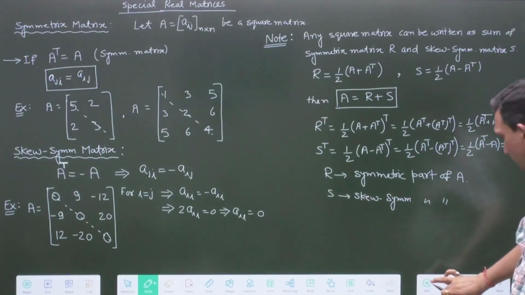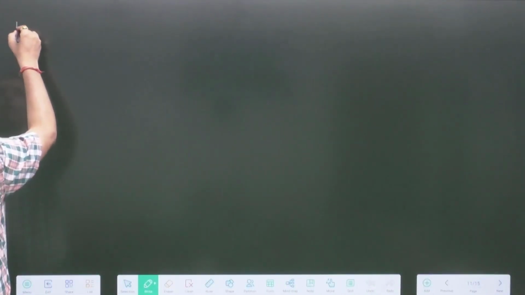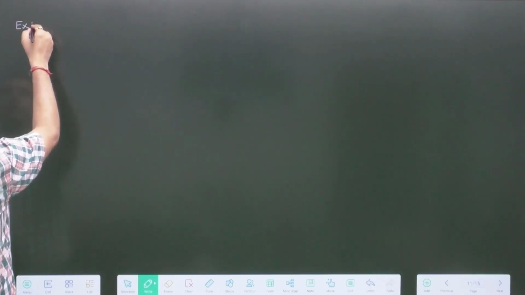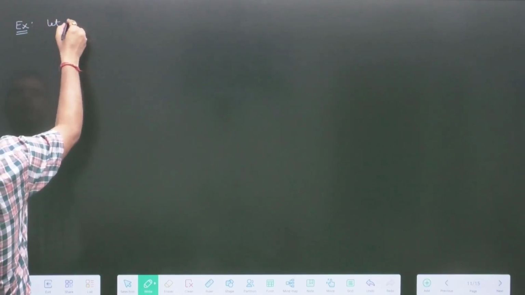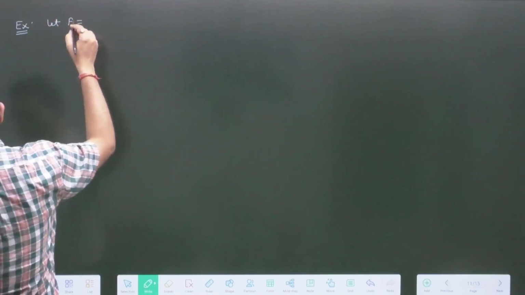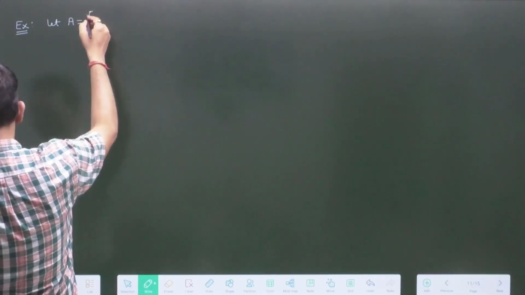So let's take one example. Let A be a square matrix, and you have to write its symmetric and skew-symmetric part.